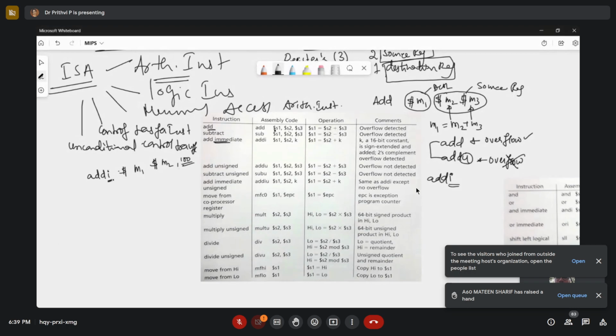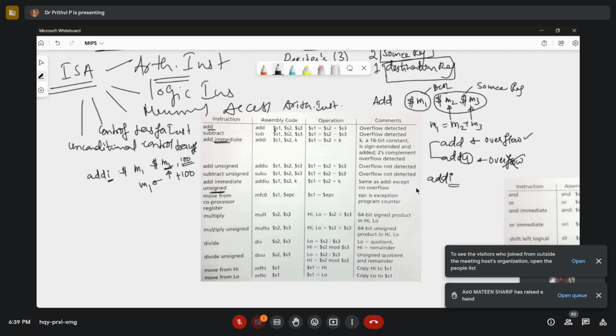I'm saying immediately add the content of M2 register to this value of 100, then store that into M1. That is the instruction. Again, add immediate unsigned won't be able to identify any overflow happening in the process of adding a constant with the data of your memory location.